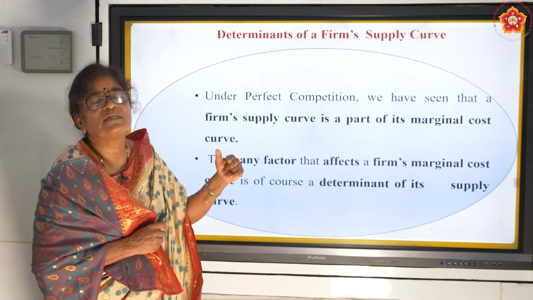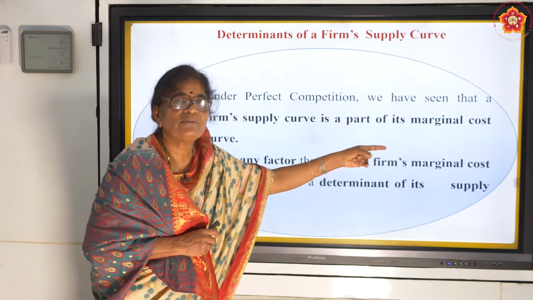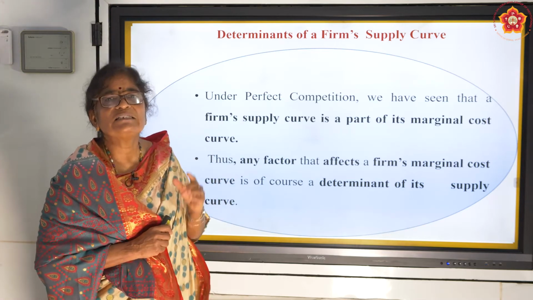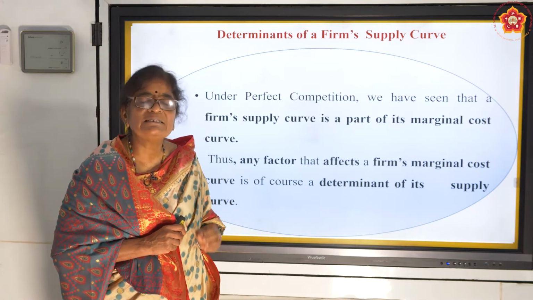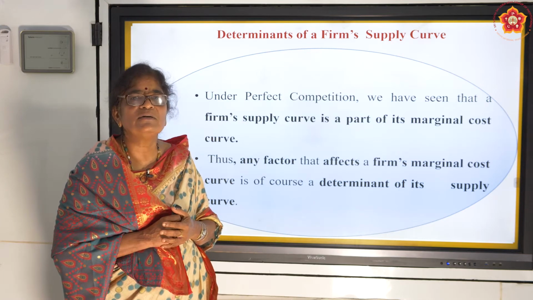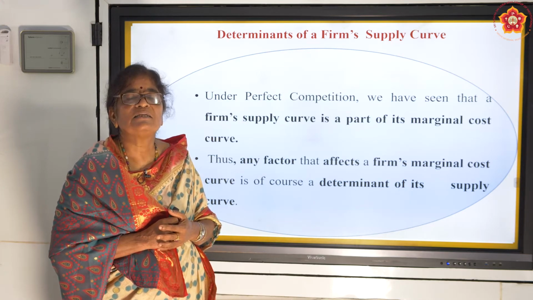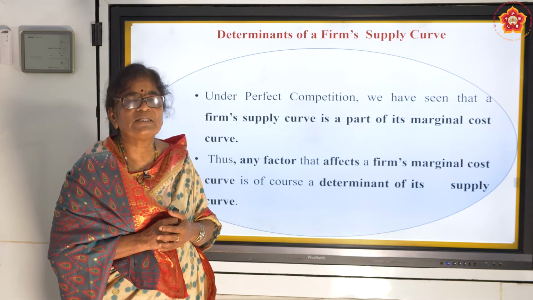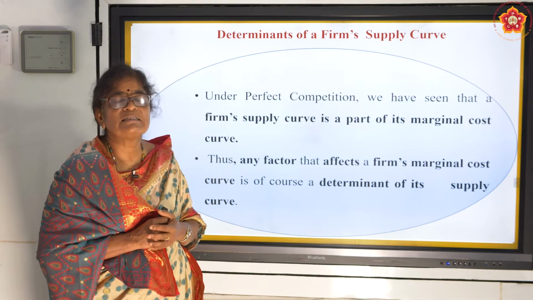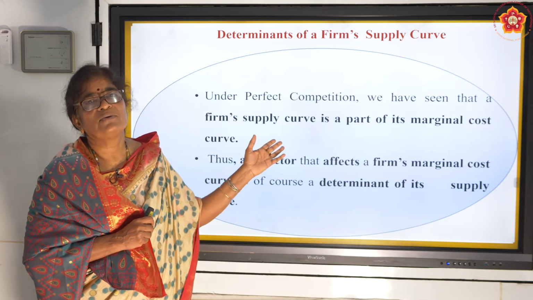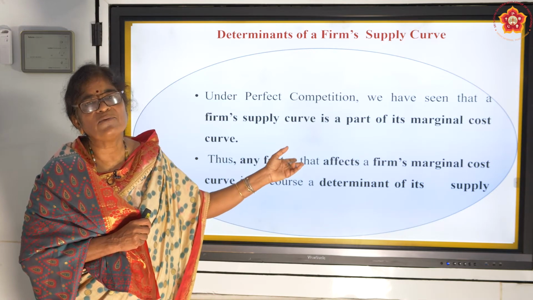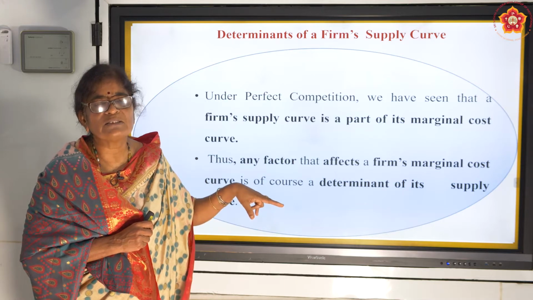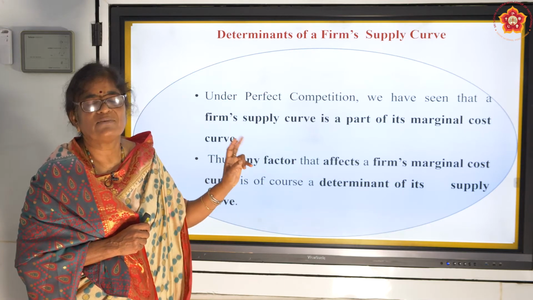It's a segment of the marginal cost curve. Therefore, any factors which change the marginal cost curve will change the supply curve, because the supply curve under perfect competition is nothing but a part of the MC curve.